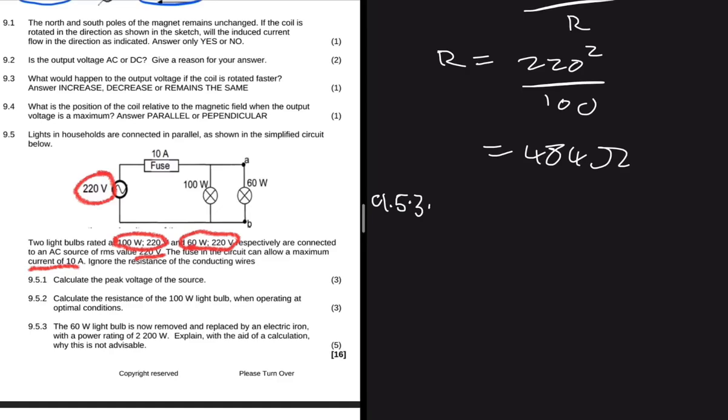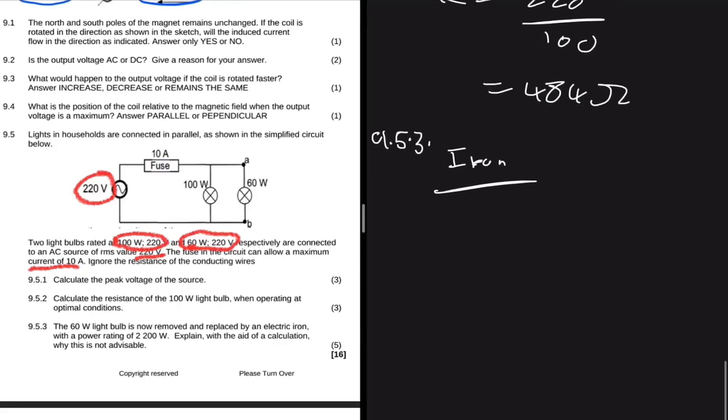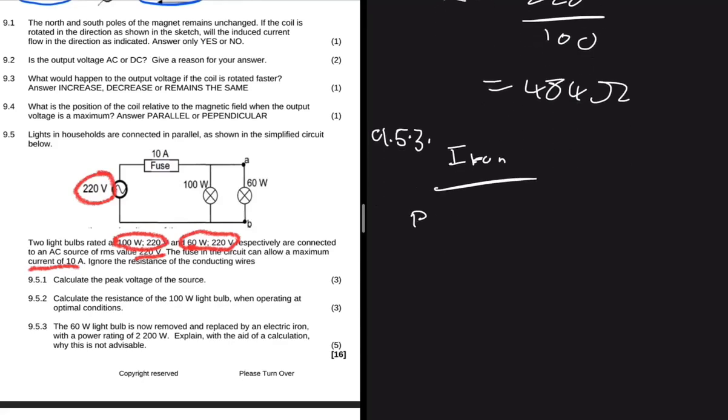Yeah, so now what I'm thinking is this iron has a power rating of 2200. So for the iron, let's just jot down some information. For the iron, we have a power of 2200 watts, right?